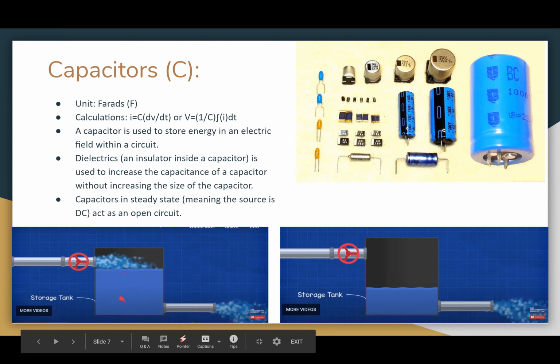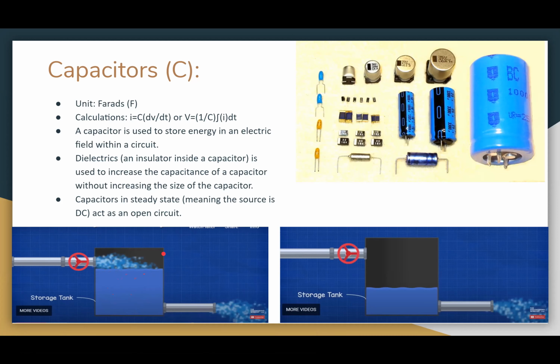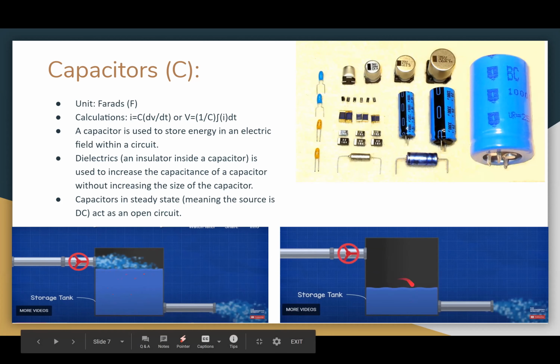But as water is flowing through, it fills this tank until it reaches the max, the top portion. If we turn off the valve, all that water that was stored at its max is now slowly discharging.